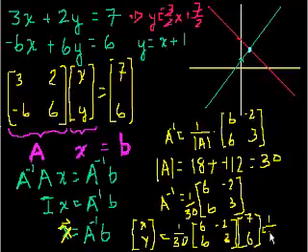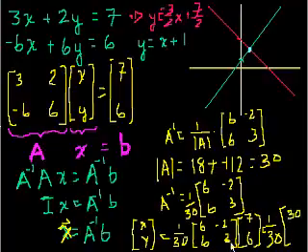It's equal to 1 over 30 times, let's see, 6 times 7 minus 2 times 6. So 6 times 7 is 42, minus 2 times 6, so minus 12, so that's equal to 30.